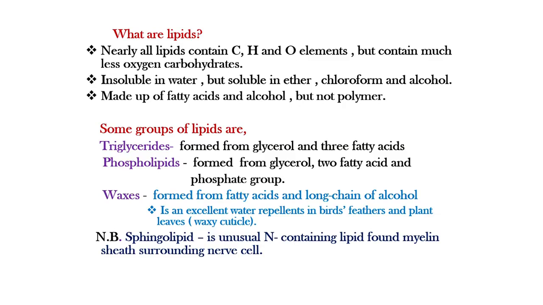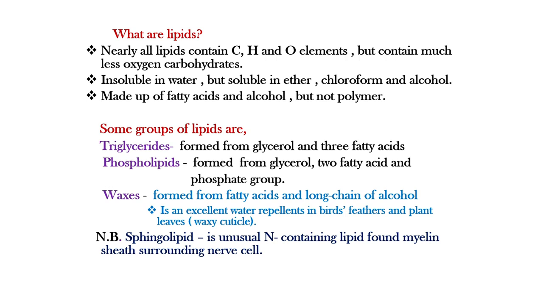Phospholipid is formed when one glycerol, 2 fatty acids, and a phosphate group become esterified together. Else, waxes are made from fatty acid and a long chain alcohol bonded together.